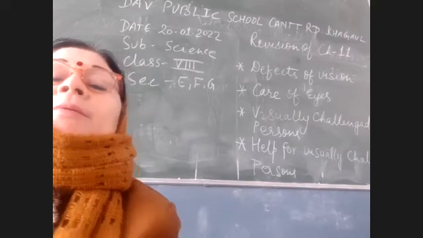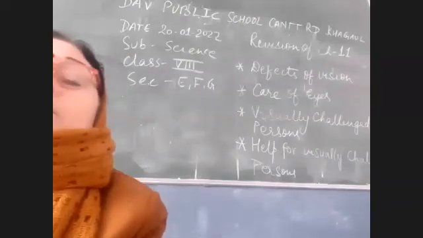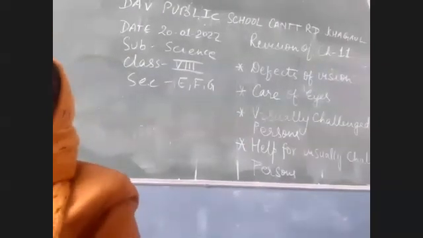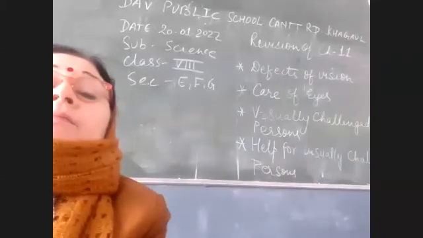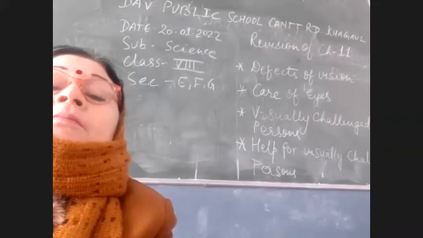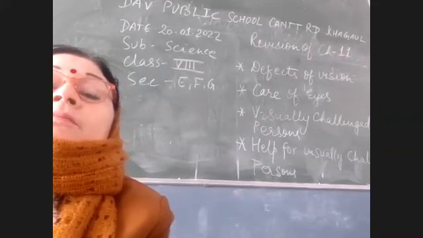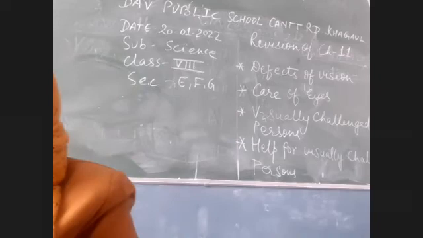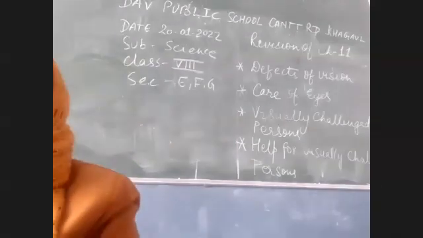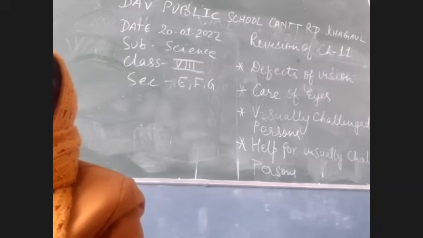Shubh Narayan. Yes, ma'am. Bolo, what is myopia and what is its cause? Myopia is a disease in which people cannot see objects that are very far off. This is because the focal length of the eye lens becomes short so that the image is formed ahead of the retina.